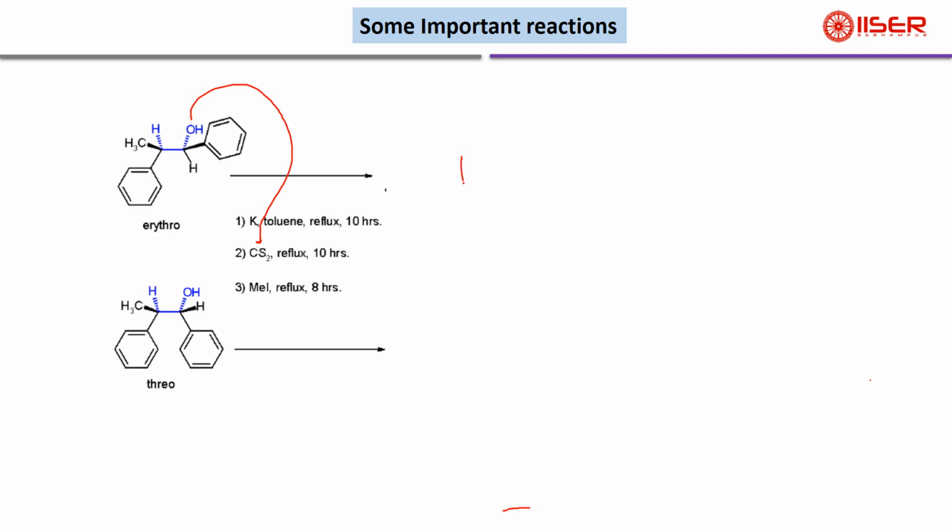So it will be methylated after that. So it will form a sugar-based xanthate ester.